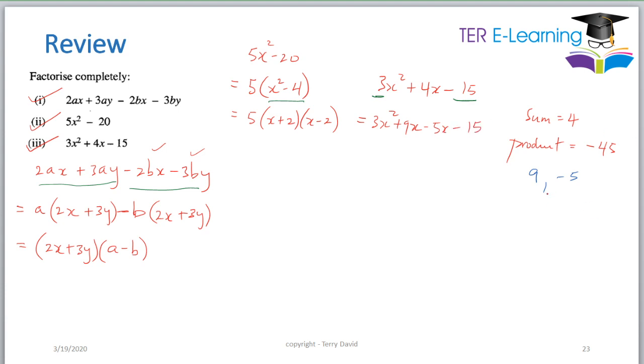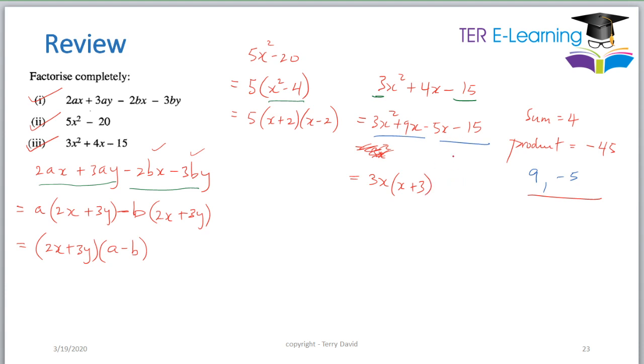Remember, the 9x and the 5x are coming from this. So we're going to factorize by grouping. We group these two and group these two. When you factorize this by grouping, you pull out 3x, open brackets, x plus 3.